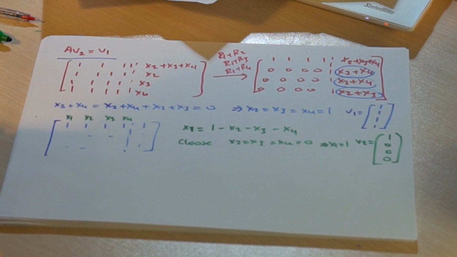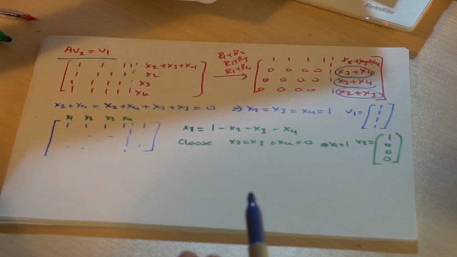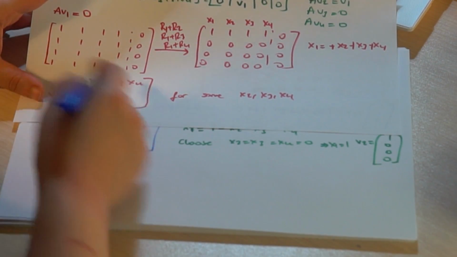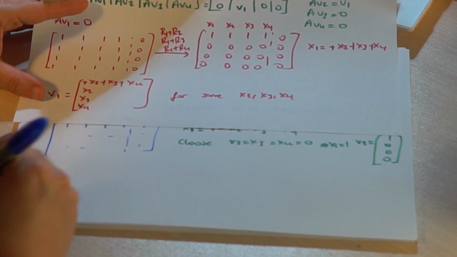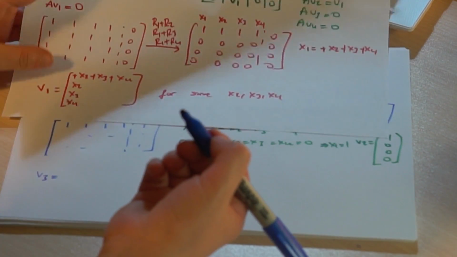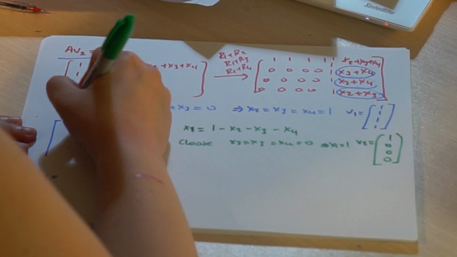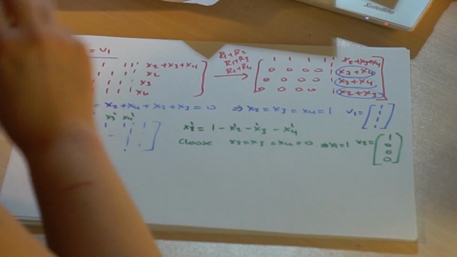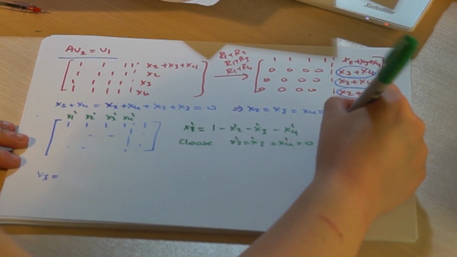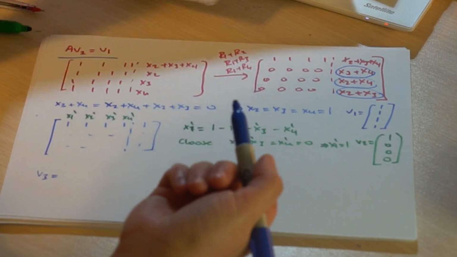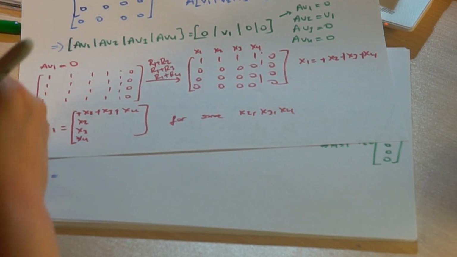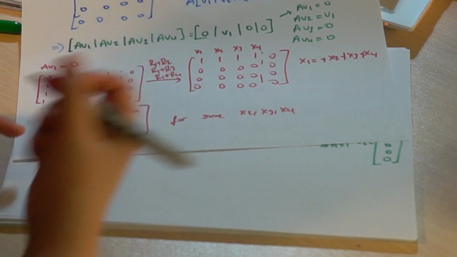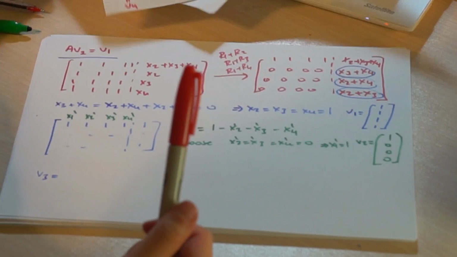Now we also need to choose V3 and V4. V3 and V4 are still in this form, right? Actually, not only V1, V3 and V4 are also in this form.